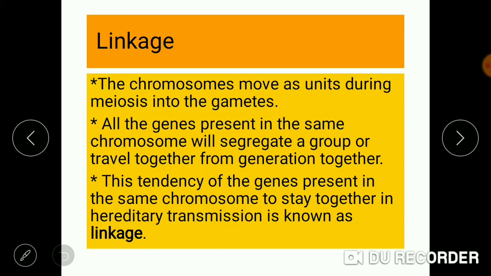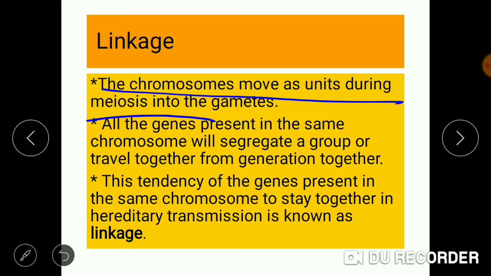Now we move on to the topic of linkage. The chromosomes move as units during meiosis into the gametes, and all the genes present on the same chromosome will segregate as a group or travel together from generation to generation.